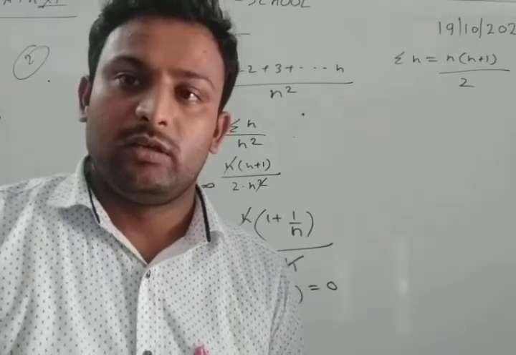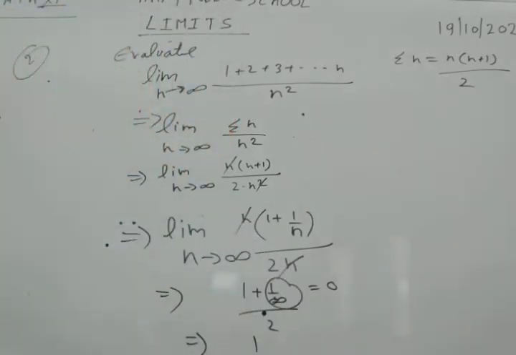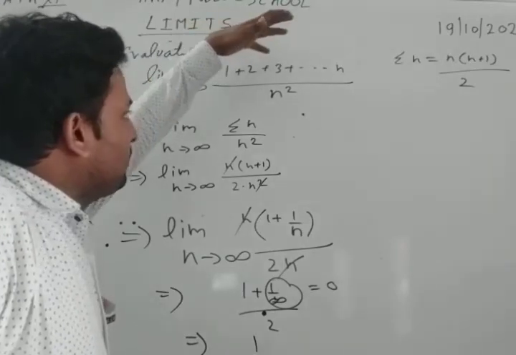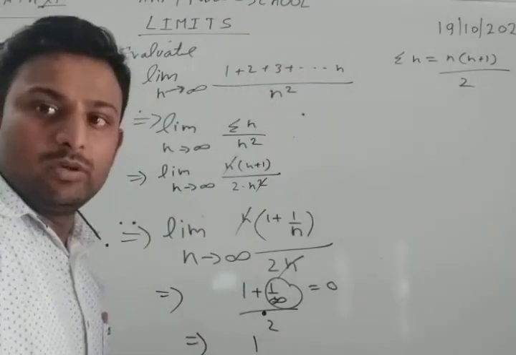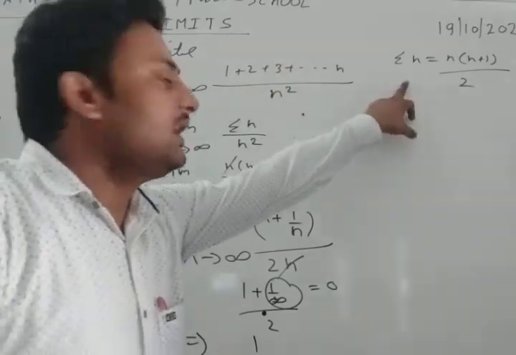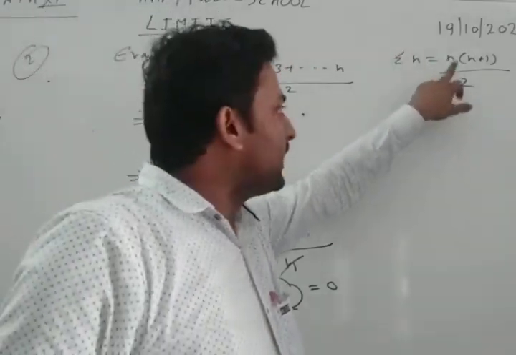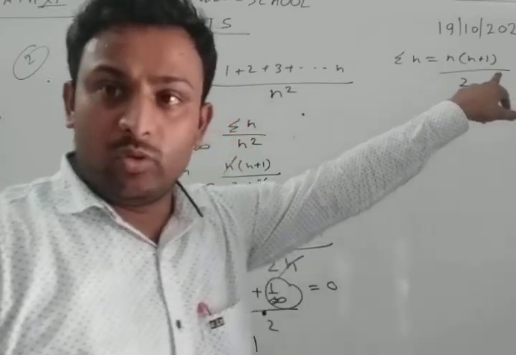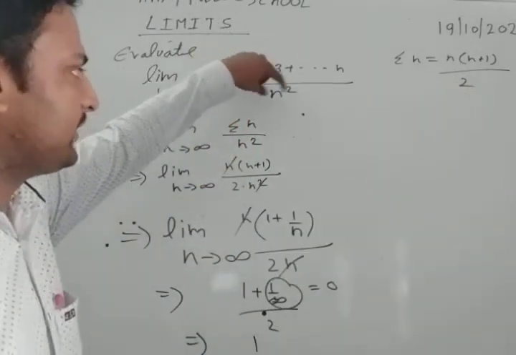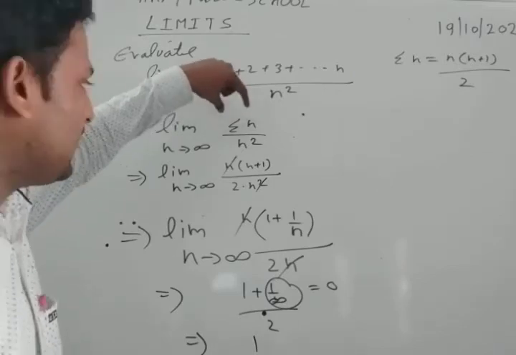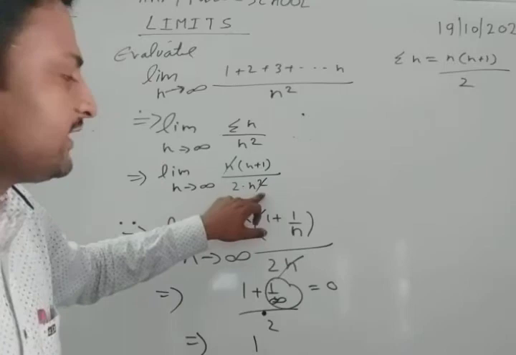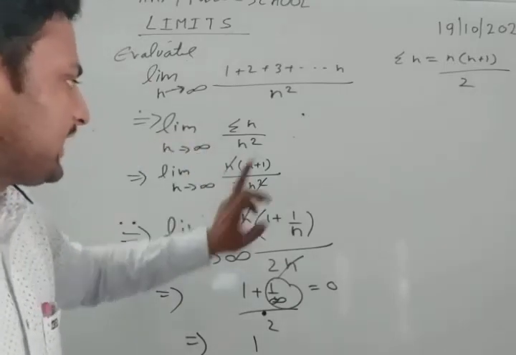Okay, what we have done: we have seen our function is 1 plus 2 plus 3 dot dot n, and we know clearly that this is summation n, and the value of summation n is n(n plus 1)/2. So we can write in place of summation n, n(n plus 1) by 2n square, and n cancel.